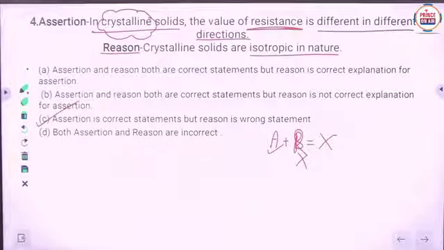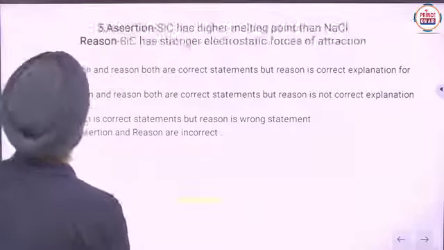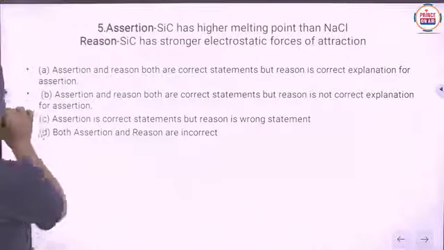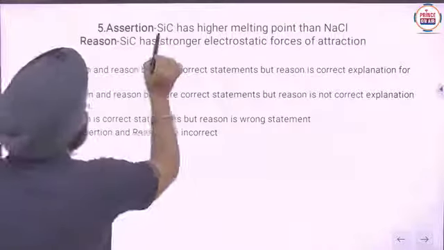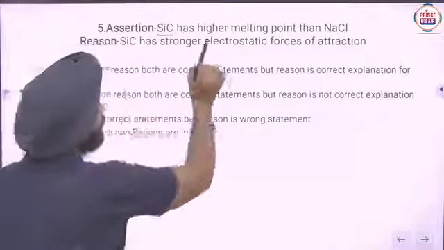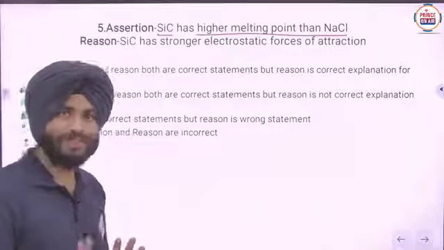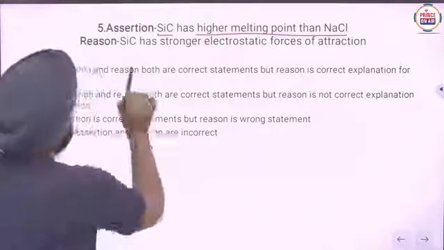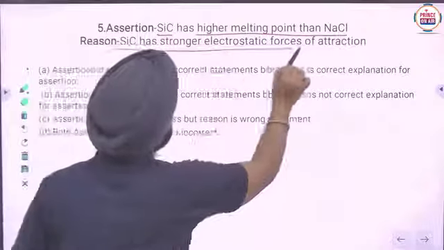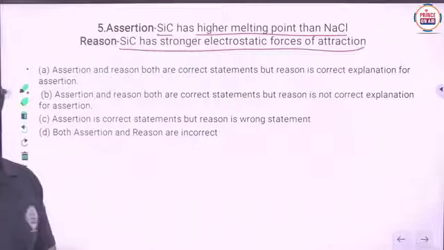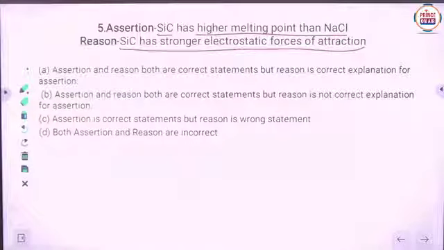Clear? See the next question. Assertion: SiC has a higher melting point than NaCl. Reason: SiC has the strongest electrostatic force of attraction. Is this right or wrong?